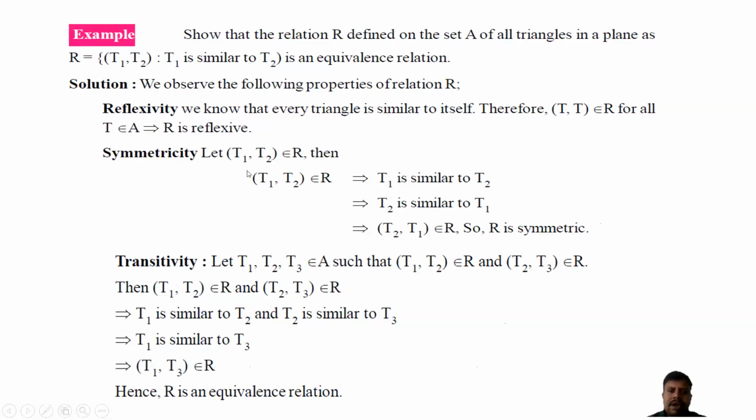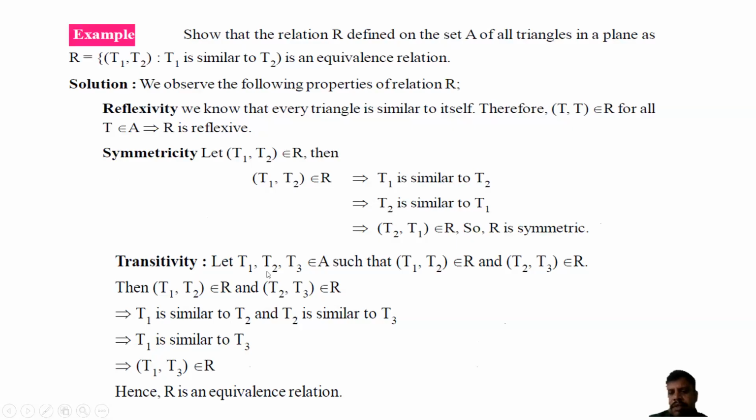Second, let triangle T1 be similar to triangle T2. Then triangle T2 is similar to triangle T1. That is, if T1 is similar to T2, T2 is similar to T1. So R is symmetric also.